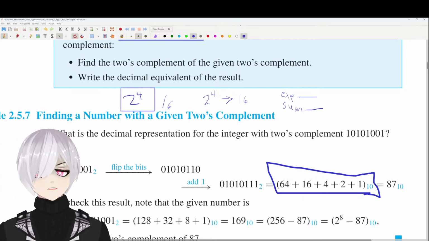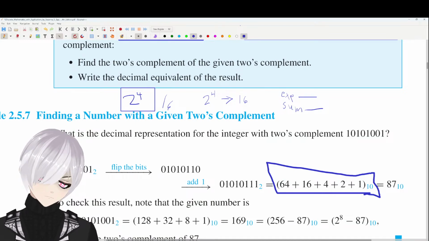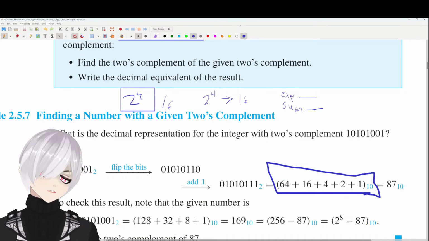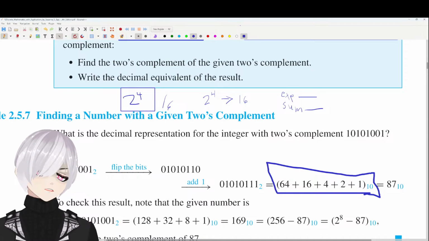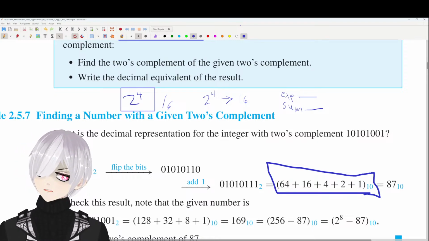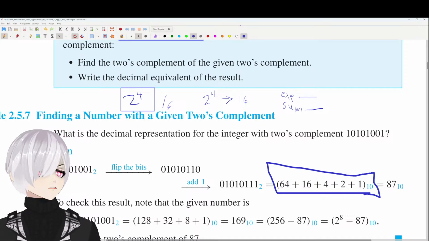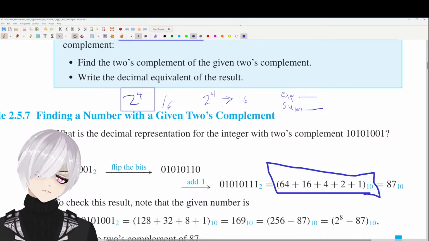I mean, I guess you could say 16 is a power of 2 in the sense that 16 is 2 to the power of some integer. Because it is equal to a power of 2, so you could say it is a power of 2. Yeah, like 4 is a power of 2, even if you don't explicitly write it as such.